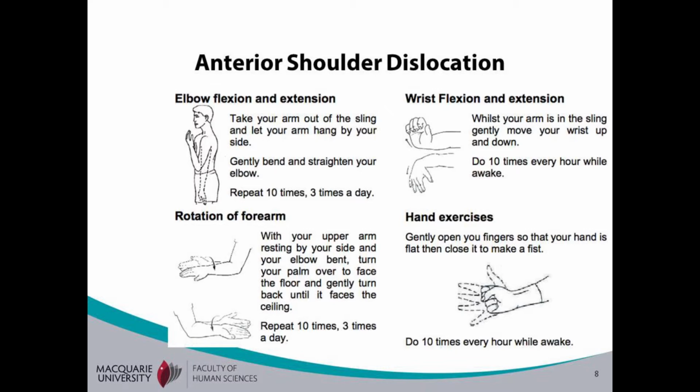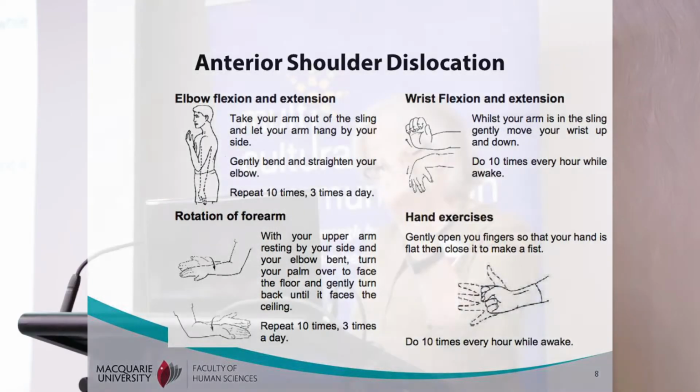But, you know, I think if you put this into a machine translation, you're going to have a few problems with things like "gently open your fingers so that your hand is flat, then close it and make a fist." "Make a fist" is going to be problematic. Earlier in the sheet it says "avoid up and away from the body movements." I mean, things like this are just going to be too problematic.